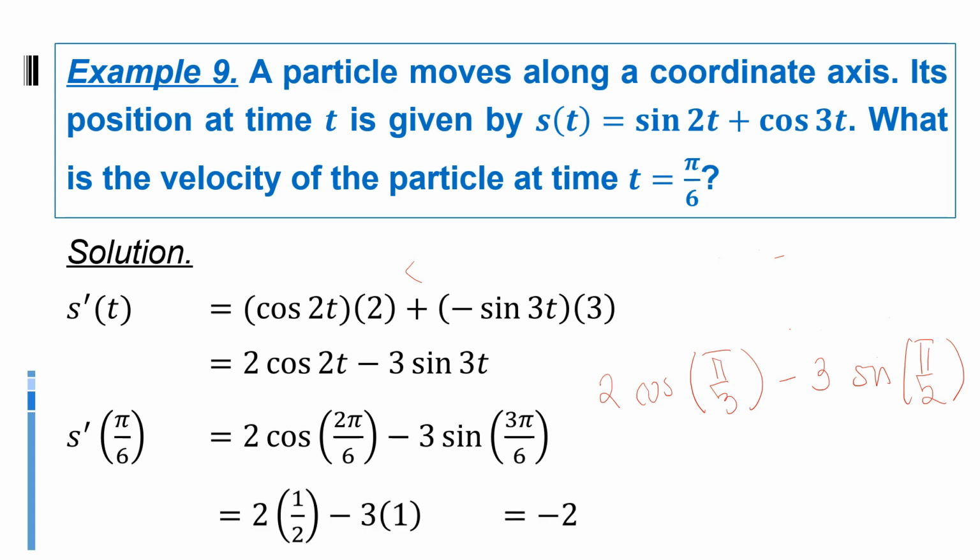But what is cosine pi over 3? That is just equal to 1/2. And sine of pi over 2 is equal to 1. So we have 2 times 1/2 minus 3 times 1, that is negative 2. Note that if you enter this in your calculator, you must be in radians. Okay? Be in radians, because if it's degrees, a different result will come out.